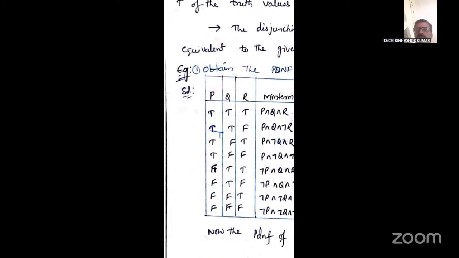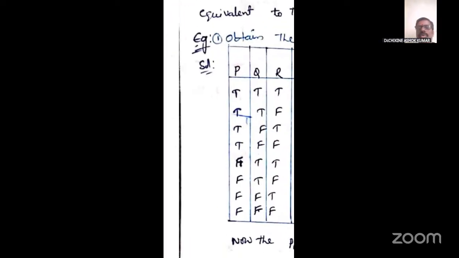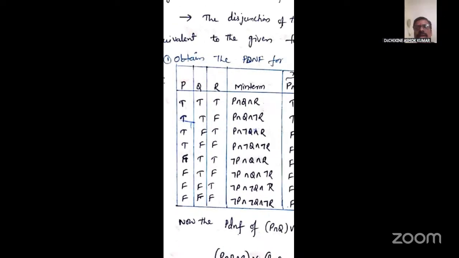First, the combinations. These are the total 8 combinations according to the 3 propositions P, Q, R: TTT, TTF, TFT, TFF, FTT, FTF, FFT, and FFF. Here the minterms: TTT means P intersection Q intersection R. Wherever T is there, write the proposition as it is; wherever F is there, write the proposition with the negation symbol.